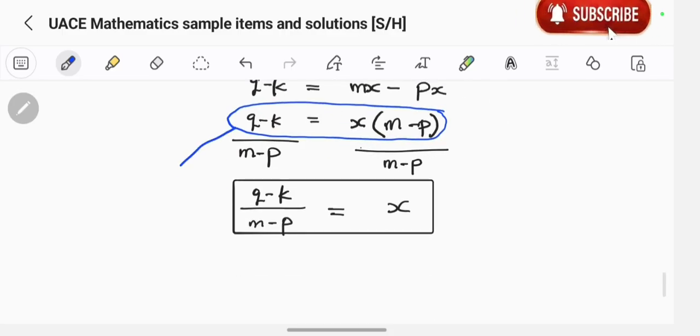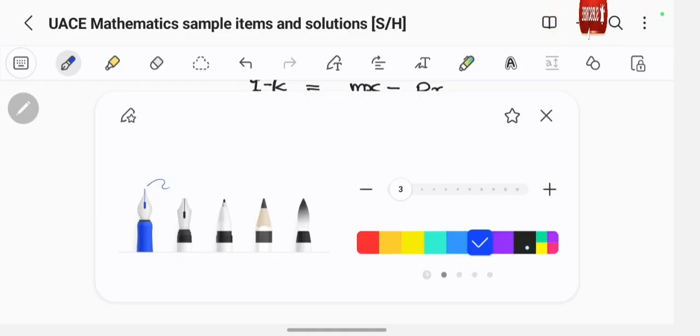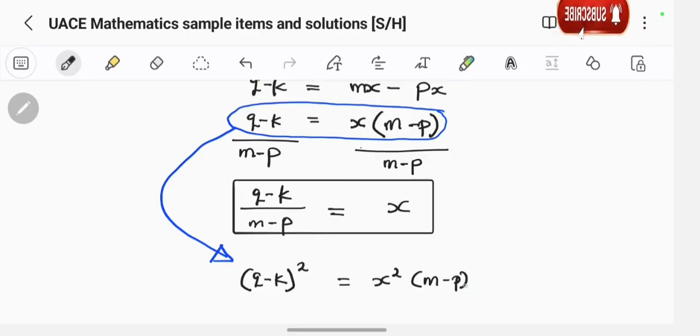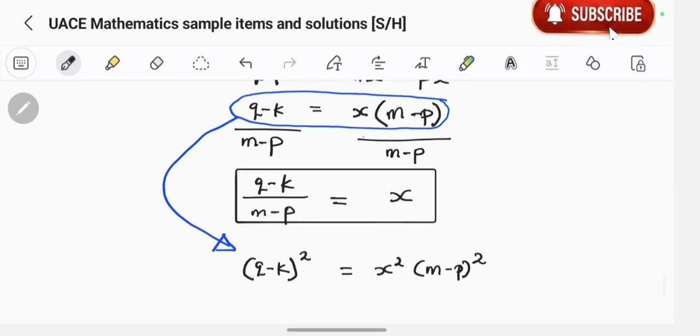It's the very moment I'm going to use down here. Why? Because I have q minus k squared. So q minus k squared is similar to x squared into m minus p squared, like that.